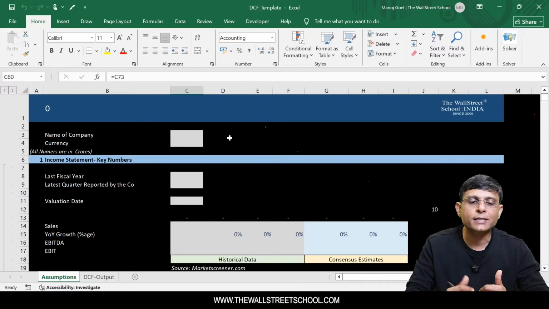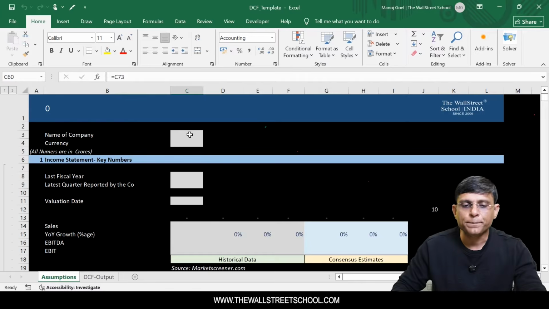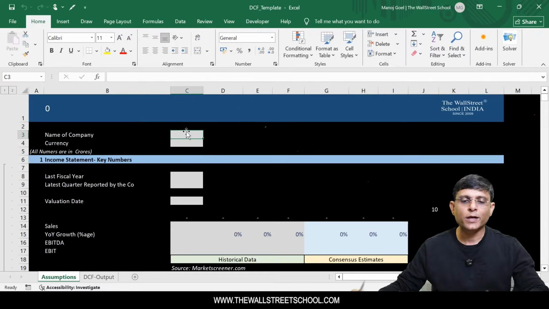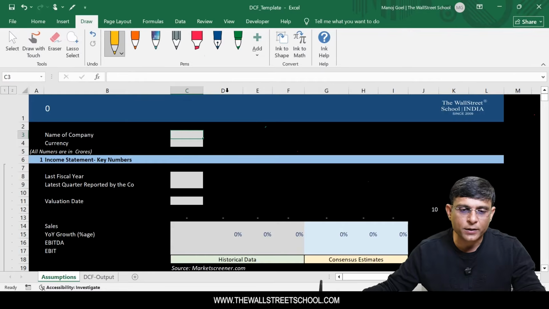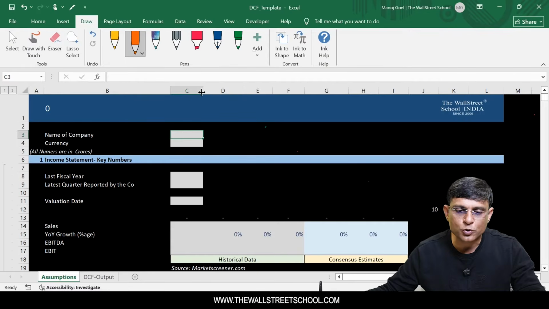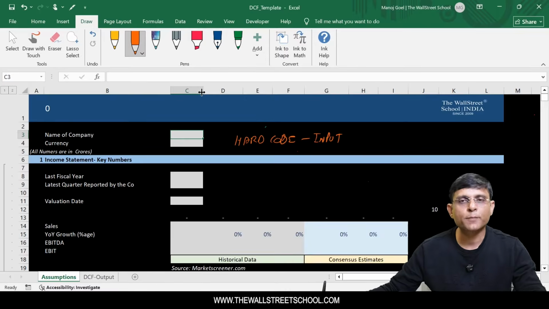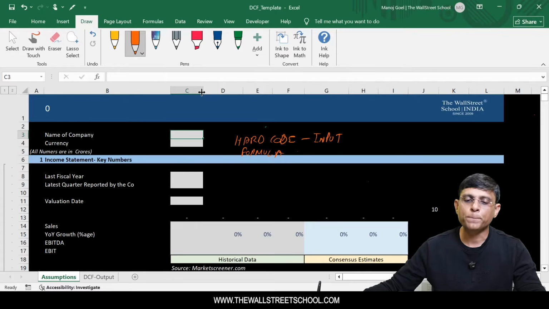Before that, let's quickly understand the color coding of this template. As you can see, I have two types of cells. One type is the cells where you are supposed to punch in numbers, hard code numbers. These are called input cells. The other type are formula cells, where formulas are pre-entered.